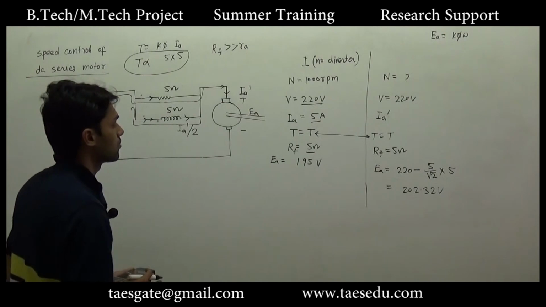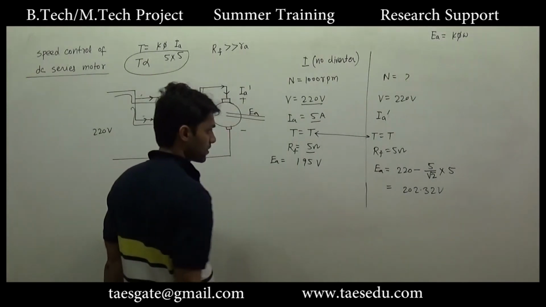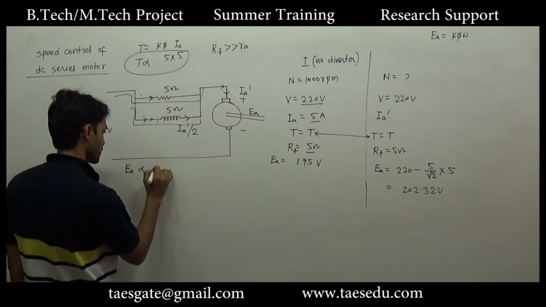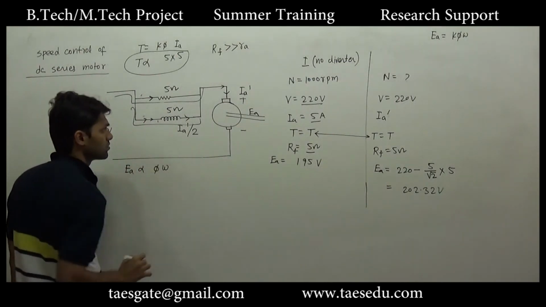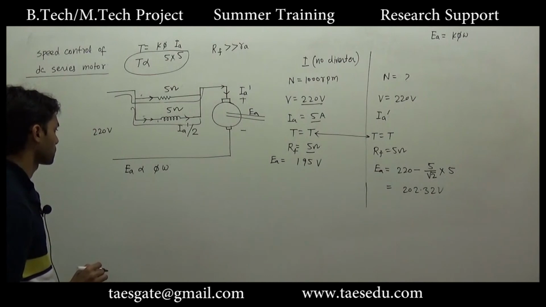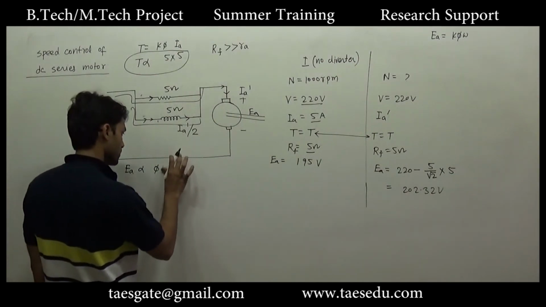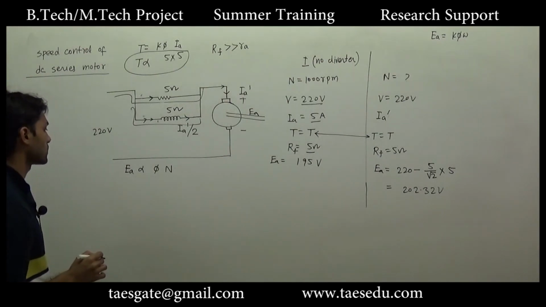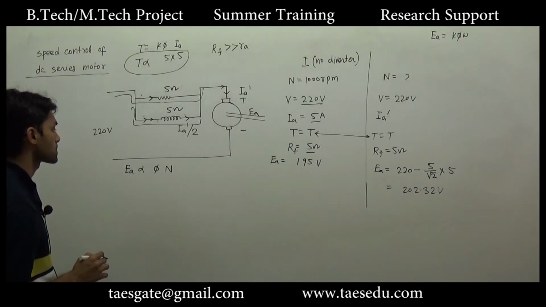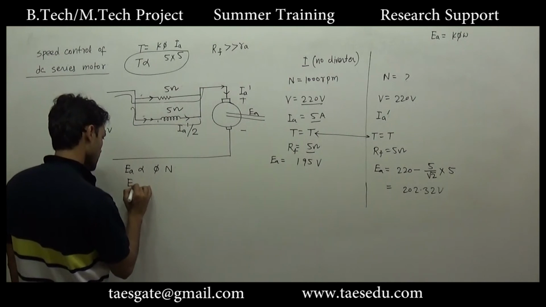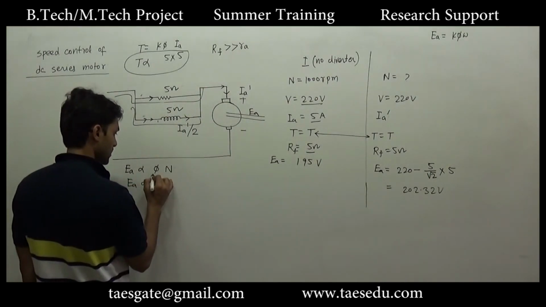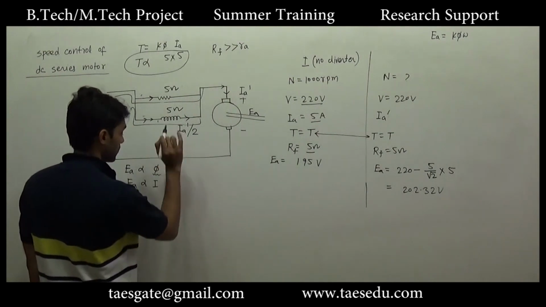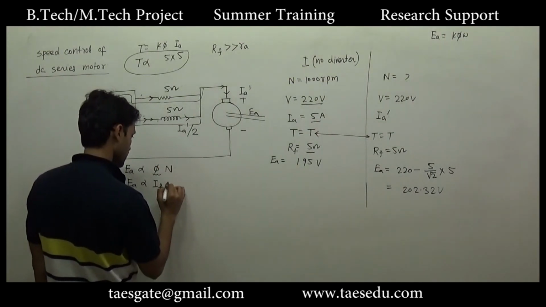Okay, so now we have the armature voltage in the two cases, and armature voltage is directly proportional to phi into omega, or phi into speed in RPM. EA is directly proportional to flux, and flux is directly proportional to field current. Let us first write field current into speed.